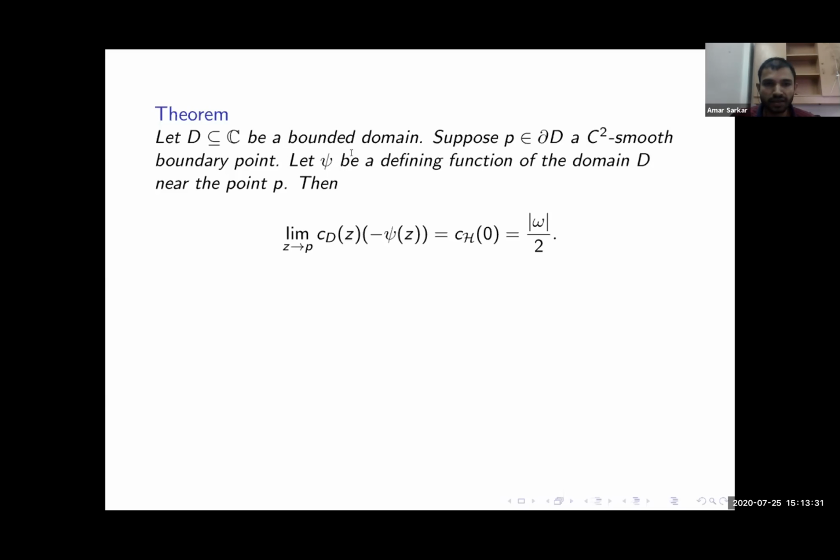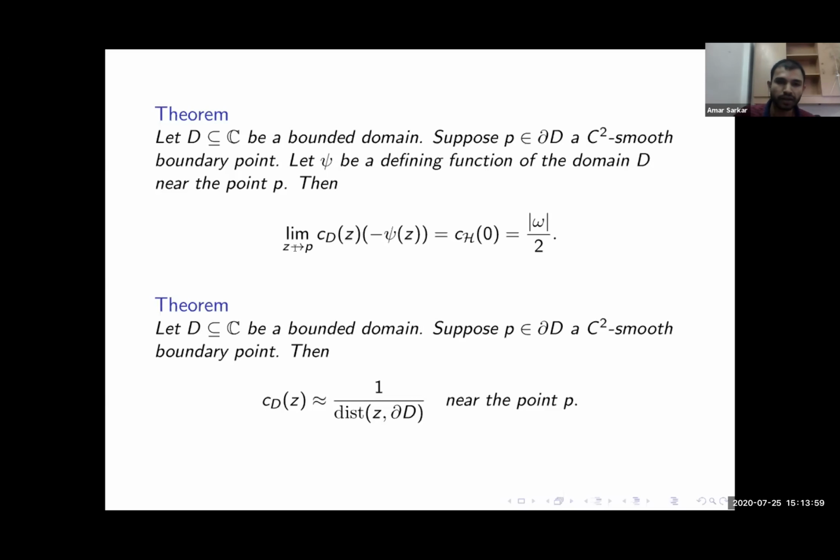In that case, in this setup, the theorem says that if you take the product of the curvature metric and negative of the defining function psi, this limit will go to the curvature metric of the half space at the point 0, which is mod omega by 2, as the point z goes to the boundary point P.